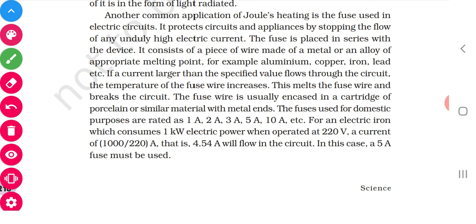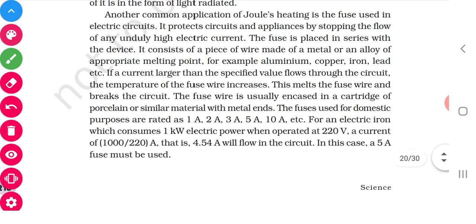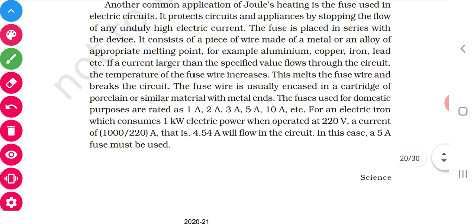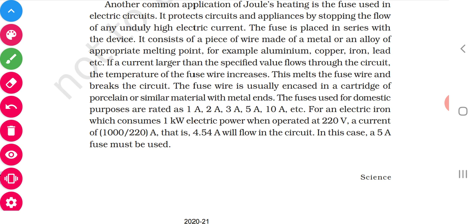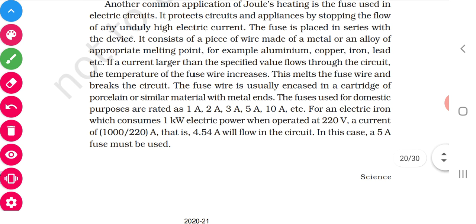For example, copper has one melting point, no? Like that, the fuse is an alloy. Alloy means it is a combination of lead and tin, and it has one appropriate melting point. So when the current exceeds the safe limit, what happens?